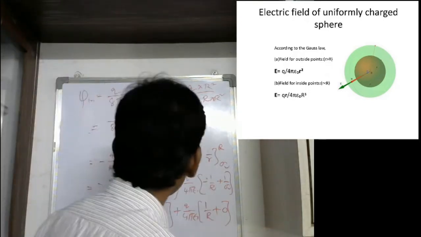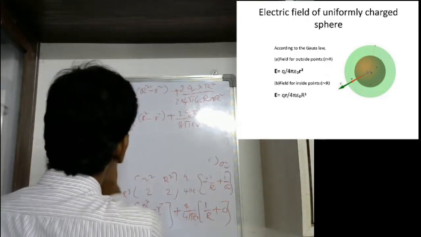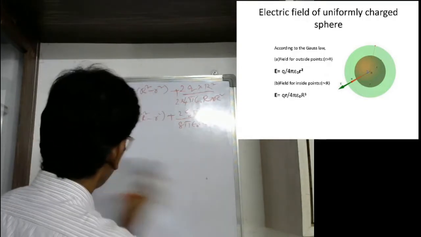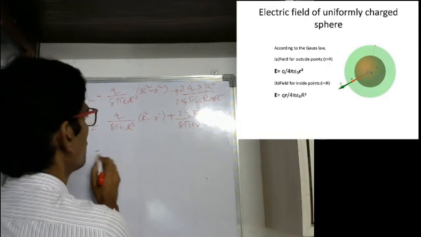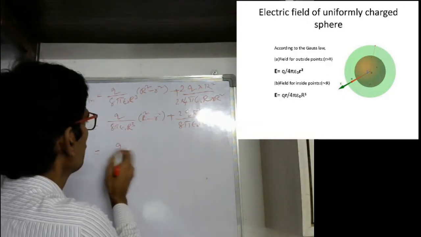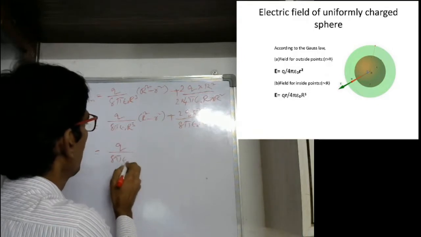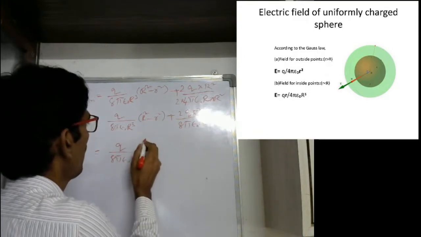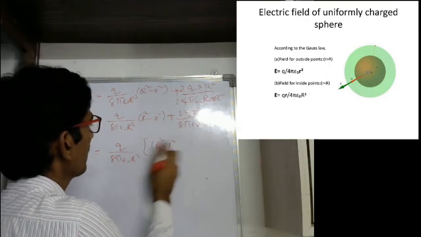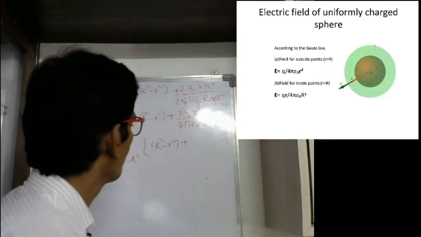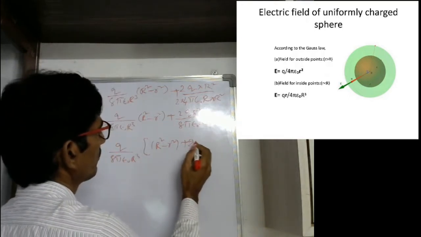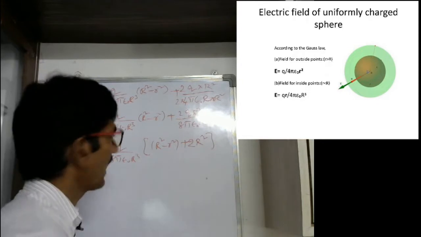Okay, now you have the same denominators. Now you can take the LCM. This is equal to, what is your LCM or common factor now? Q by 8 pi epsilon naught r cube is now common. Inside the brackets you have R square minus r square plus 2 R square. Why?